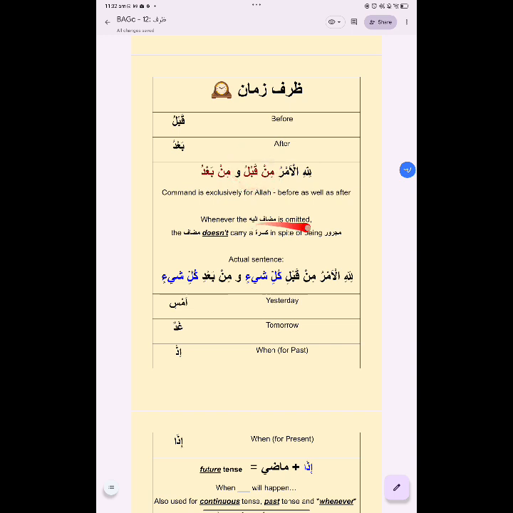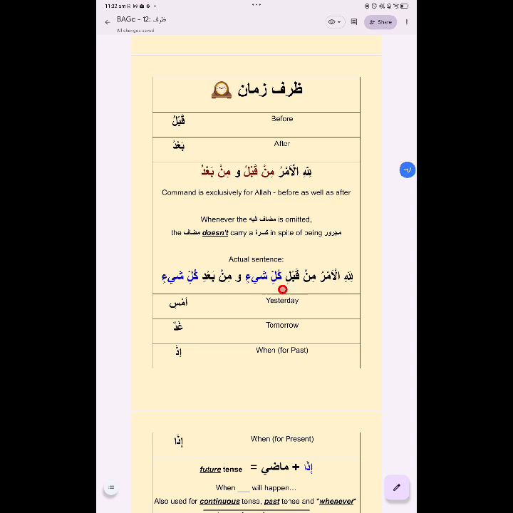Whenever the muzaf ilayh is omitted, the muzaf does not carry a kasra in spite of being majroor. So basically this sentence is lillahil amru min qabli kulli shay'in wa min ba'di kulli shay'in, right? But kulli shay'in is actually the muzaf ilayh, and you know how omission in Arabic works, so it is omitted.